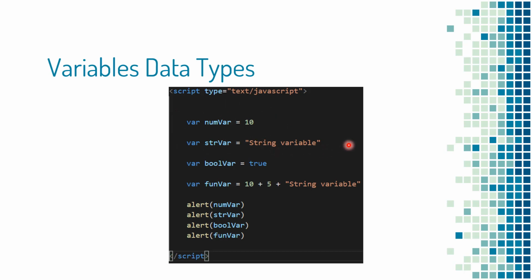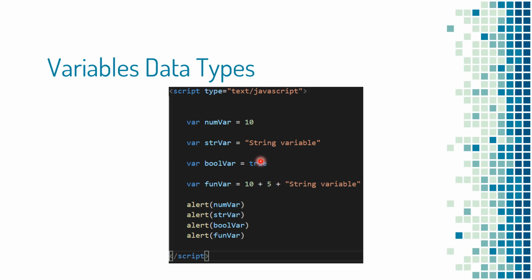Okay, and for string, we can use any text, or even numbers, but if it's enclosed with double quotes here, the interpreter is gonna deal with this data type as a string. A Boolean variable is gonna be either true or false.